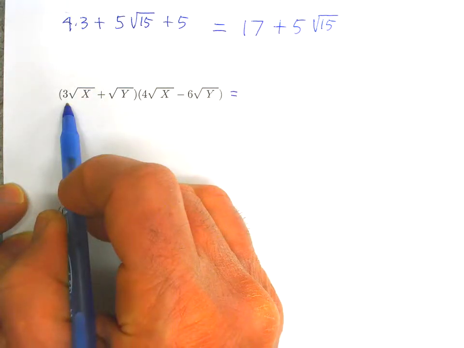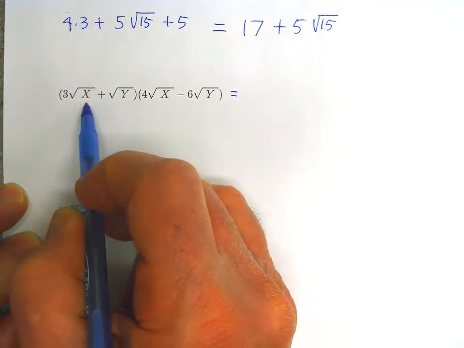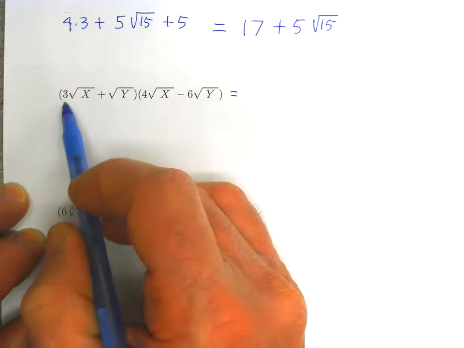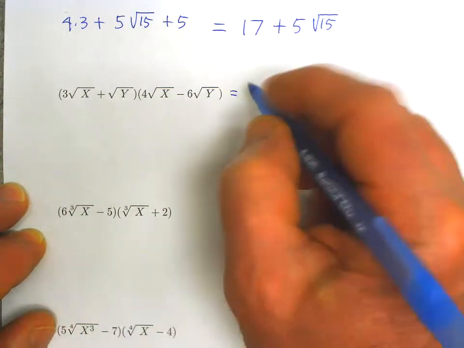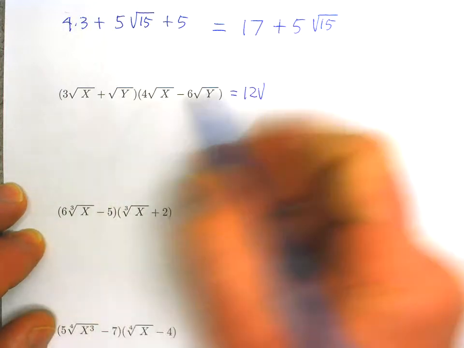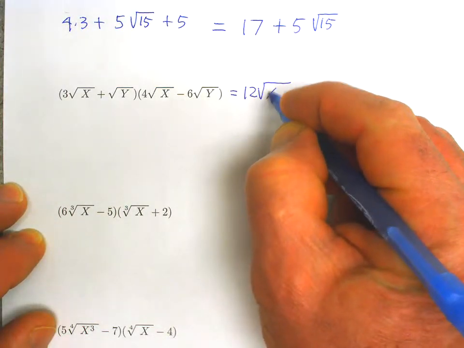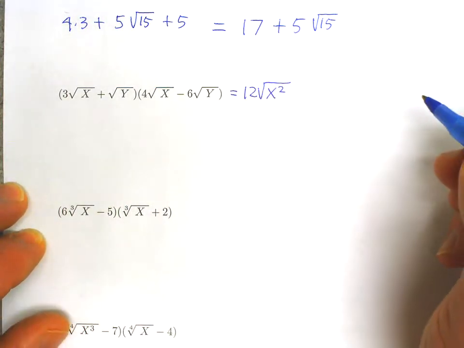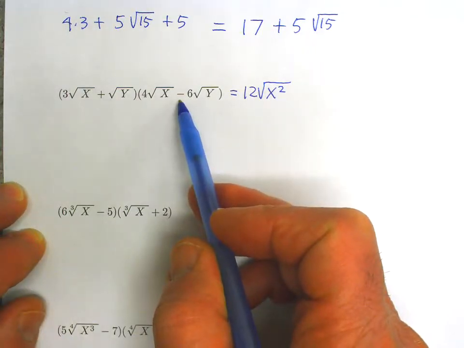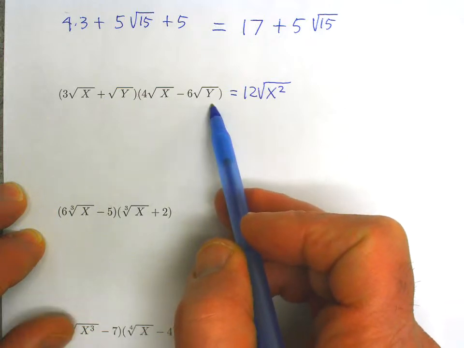Okay, we're going to multiply 3 times the square root of x times 4 times the square root of x. 3 times 4 is 12. And the square root of x times the square root of x is the square root of x squared. Then we'll multiply 3 times the square root of x by negative 6 times the square root of y.